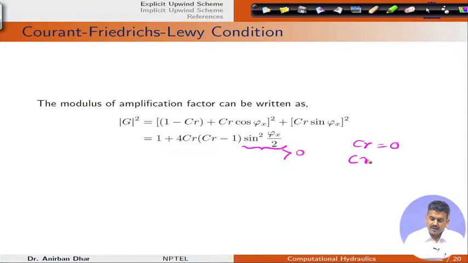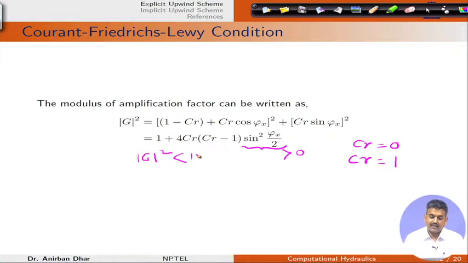If CR equals 1, again this equals 1, and for values of CR less than 1 and greater than 0, we can get G modulus square less than or equal to 1.